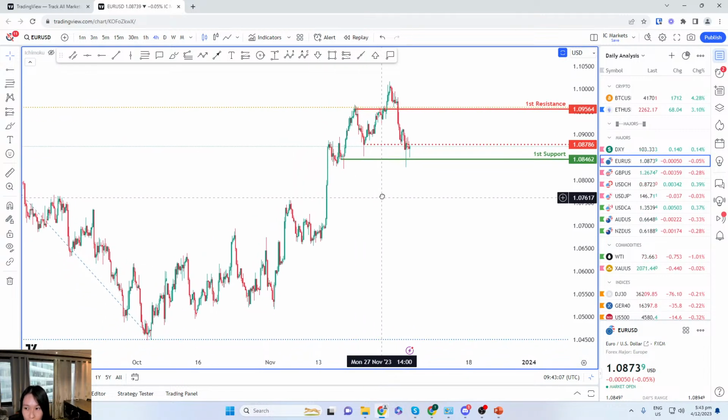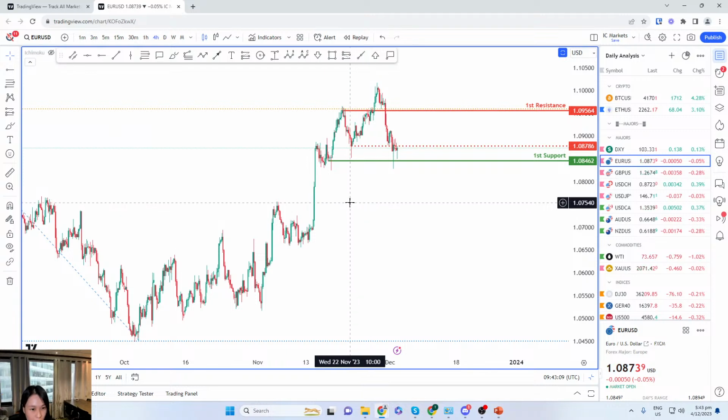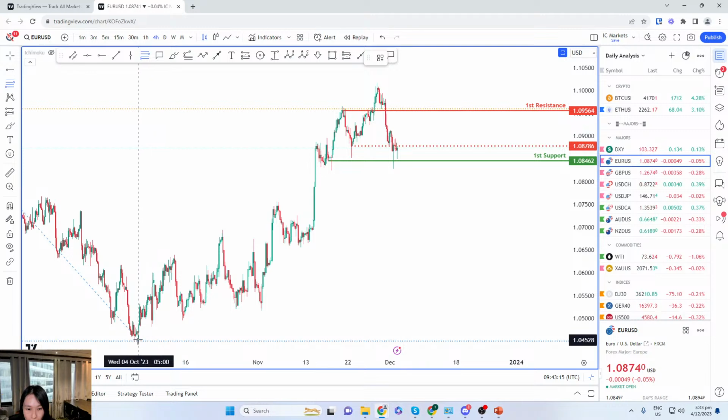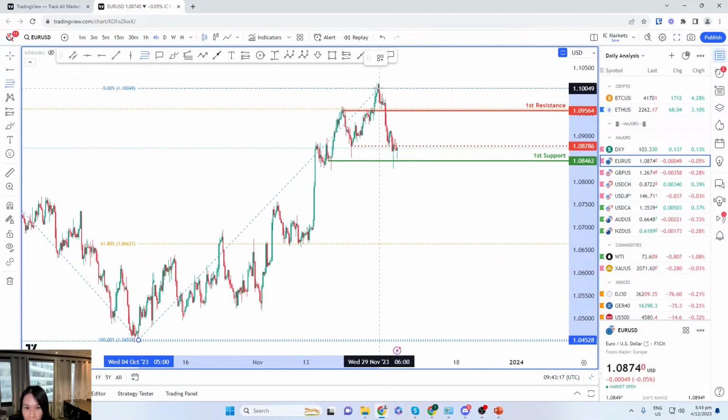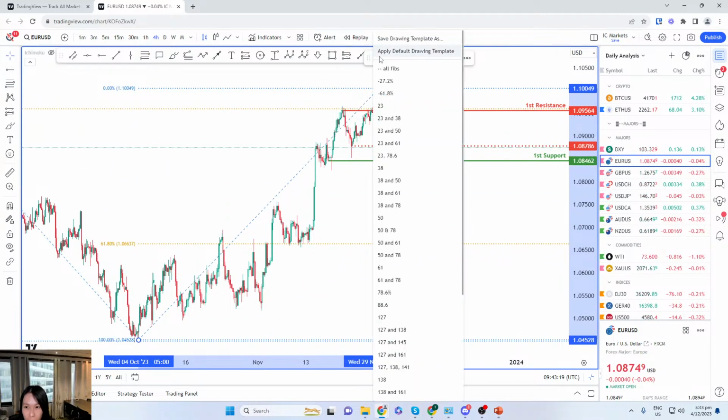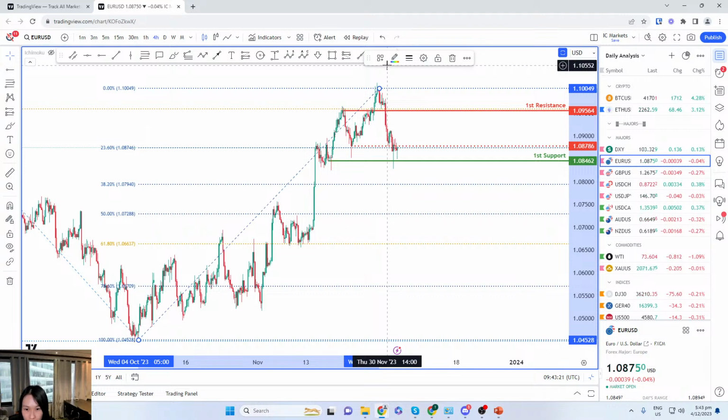So I'm going to look for the second support, somewhere here. I think this will be a good support level.